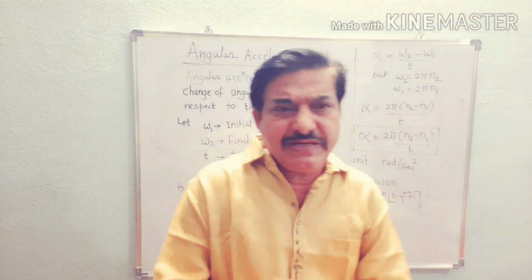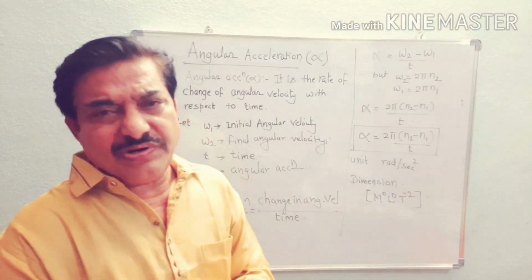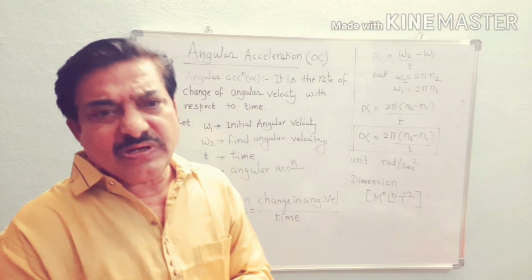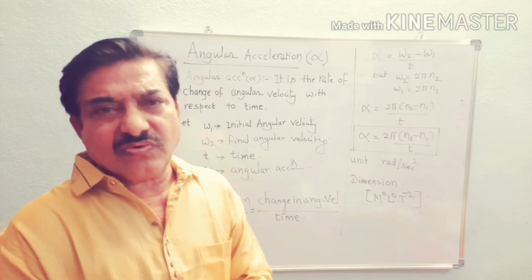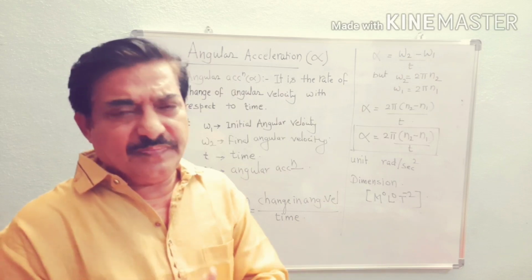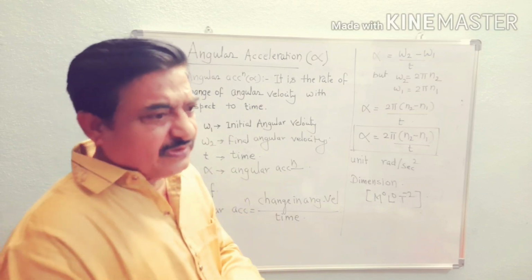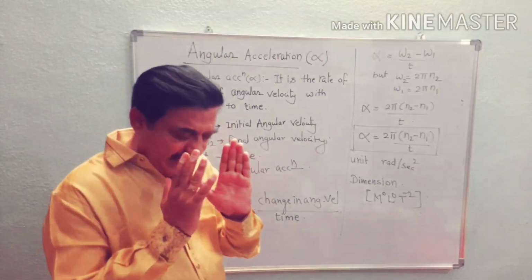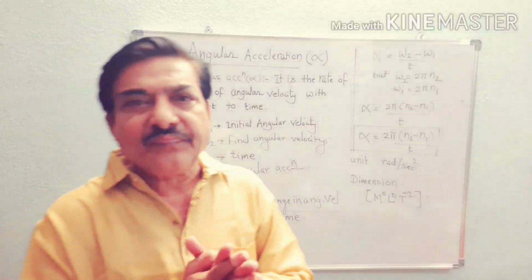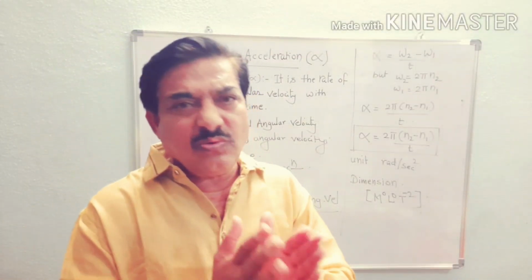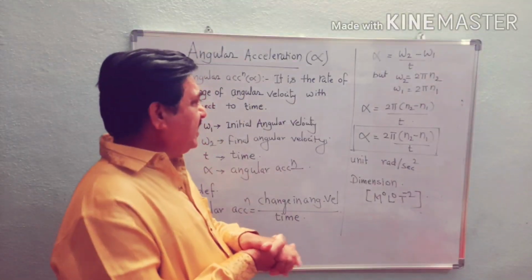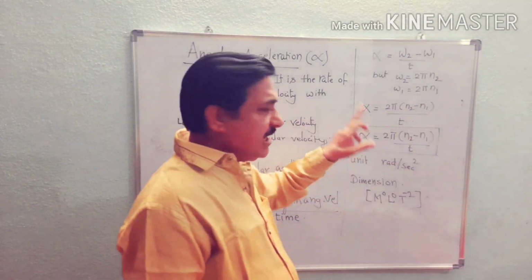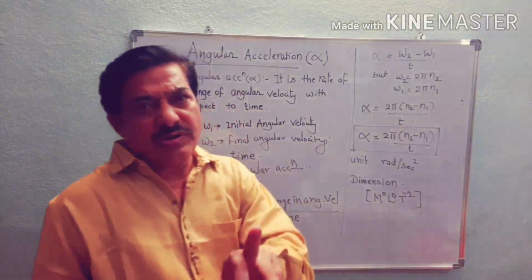So what will be the nature of this physical quantity? Whether this angular acceleration is a scalar quantity or vector quantity. As usual, if theta or omega is finite, as omega, angular velocity, is finite, then this angular acceleration alpha is a scalar quantity.